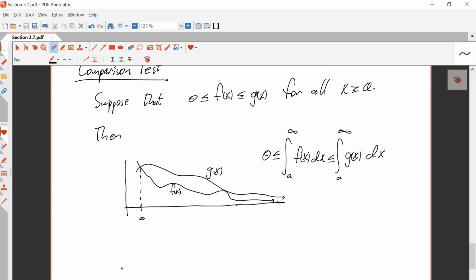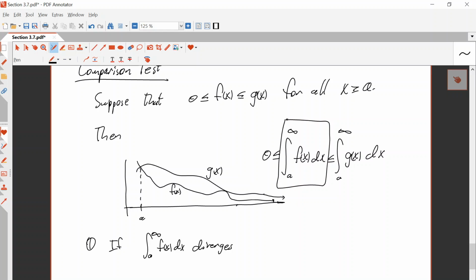Now, a couple things you can notice about that is the following. One, if the integral from a to infinity of f of x diverges, so the integral for f of x is going to exist. That limit is going to exist. The only problem is it might be infinite.